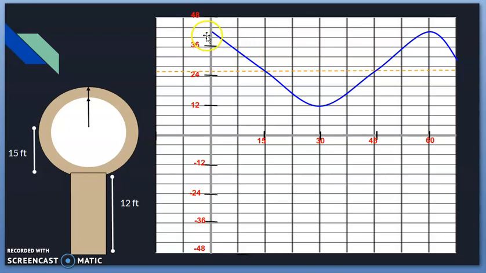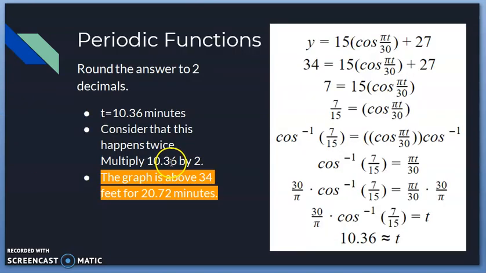So knowing this, we only have one side represented from the equation, but there's also this part here where it's above 34 feet and above. So coming back here, we actually have to multiply this by 2. So do 10.36 times 2, and you'll get that the minute hand is above 34 feet for about 20.72 minutes, and this is shown on the graph.